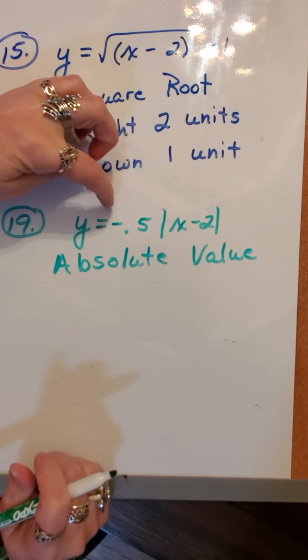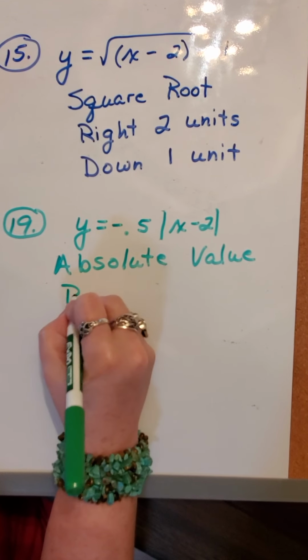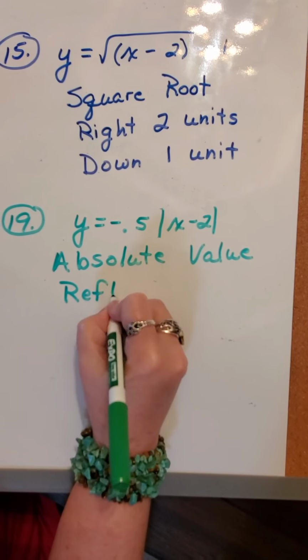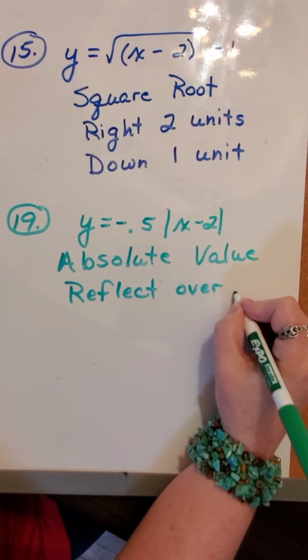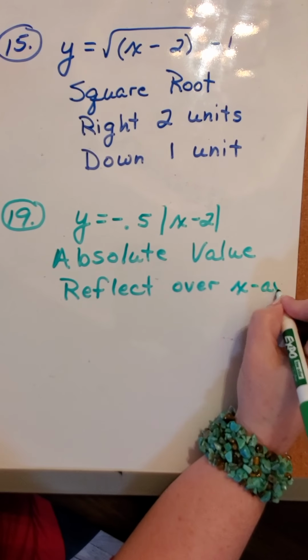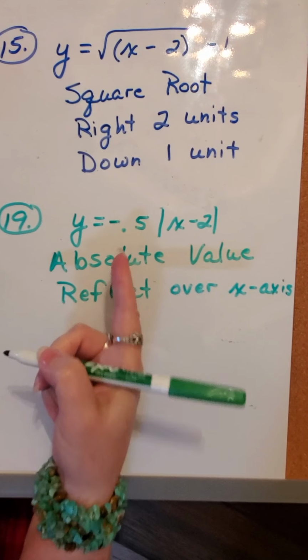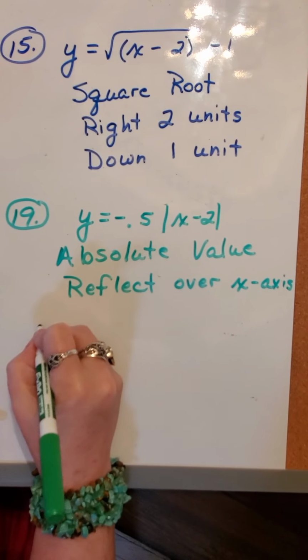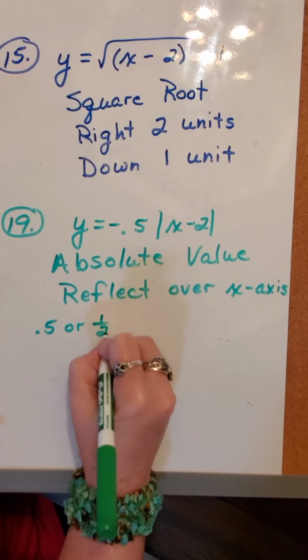Okay, so we're going to take it one part at a time. The negative, we cause it to reflect over the x-axis. Okay, 0.5 is the same as 1/2.